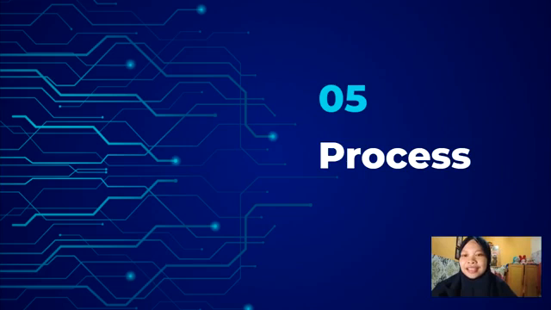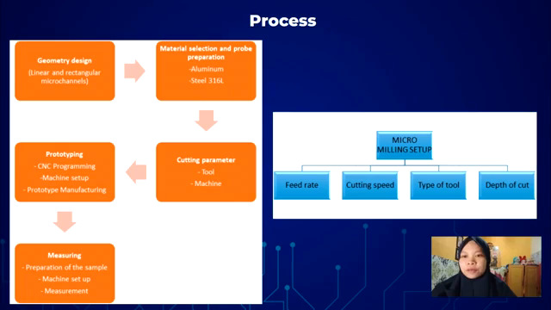Then the next slide is the process. The first process is geometry design, for example linear and rectangular microchannels. The design of experiment is crafted by plotting with appropriate software packages available in-house for various combinations of workpiece material, cutting tool type, size, and geometric features.